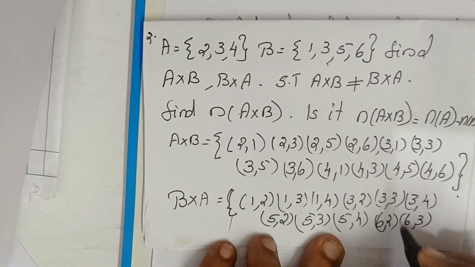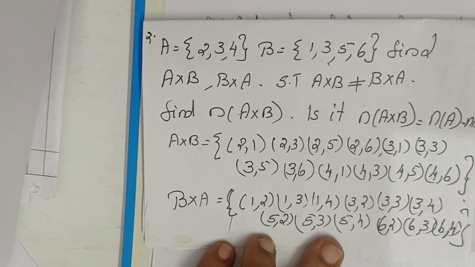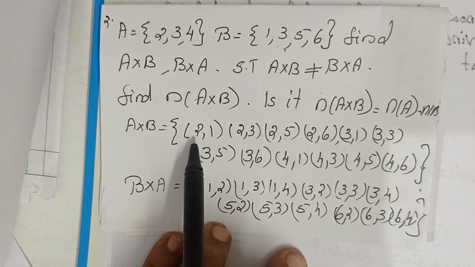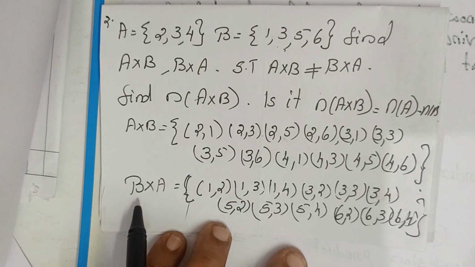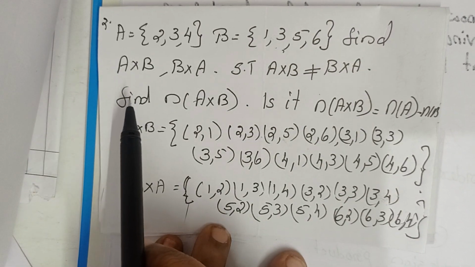Yes, the set of all ordered pairs. A cross B means the element A first and B second, but B cross A is B first and A second. Then look at the question.